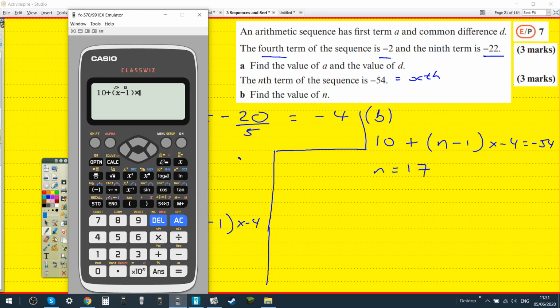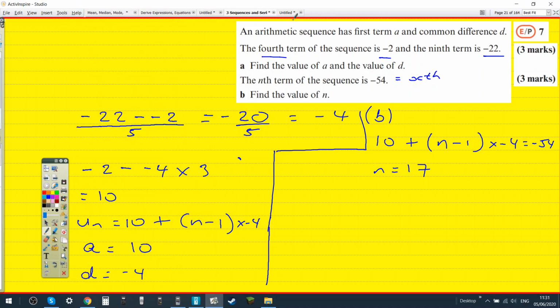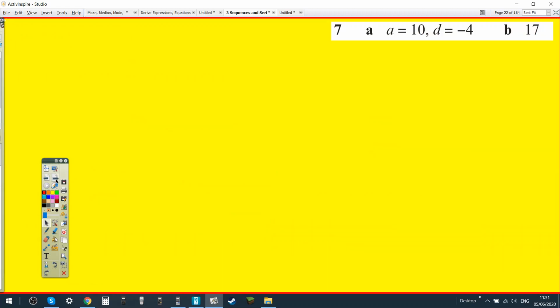You have 10 minutes at the end of your exam. How would you check your answer? Sub 17 into the 10 plus n minus 1 times minus 4. And if you're correct, what answer should you get? Minus 54. Yeah. Okay.